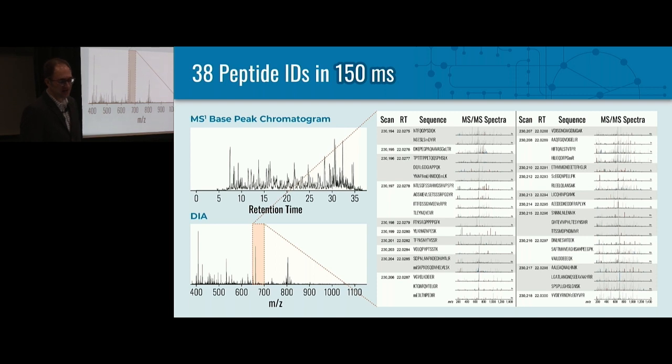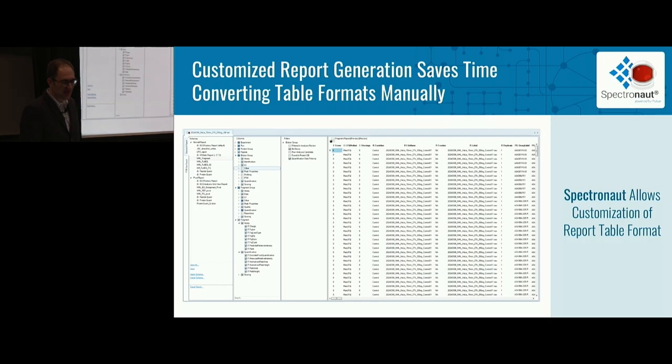So I have the group now, many of them are doing DIA and working with Spectronaut, so I asked them, what are the things you like about this tool? And here are some of the things they told me. They like the customized report generation, which helps them from making tables manually.